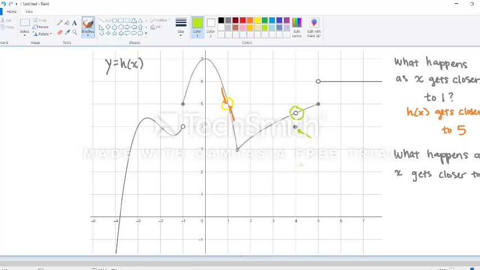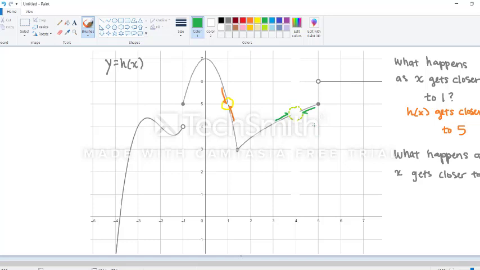We're trying to approach it and journey there. Imagine if you're driving a car, right? So what I want to do is let's just remove this for just a second. So if I said we were trying to get closer to 4, as x gets closer to 4, which is somewhere here, I can see the only ways to get there are if I come on this road from the left or on this road from the right.